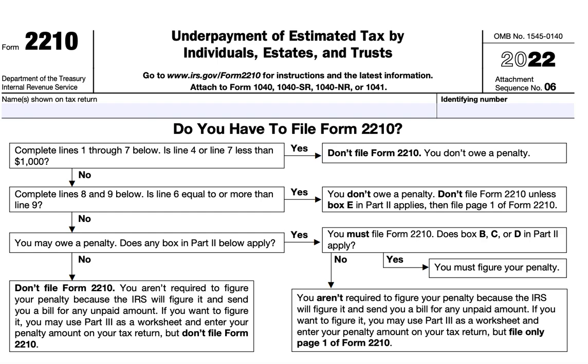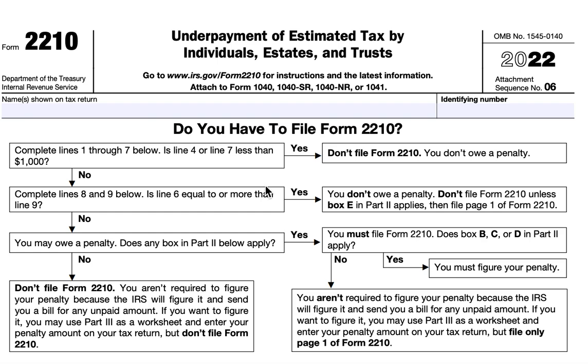So to determine whether or not you have to file this form, you'll follow this flow chart at the top of the form. I'll just read through it line by line real quick, and then we'll start going through each of the parts of the tax form. The first question is completing lines 1 through 7.